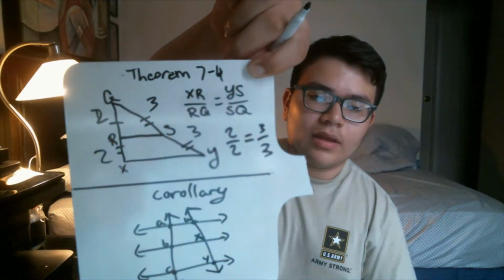So the fractions will be 2 over 2 is equal to 3 over 3, like so. And of course, 2 over 2 is 1, and 3 over 3 is 1, meaning that they are equal to each other, which they are, and that means they're proportional.